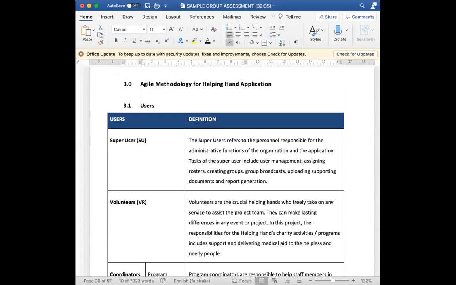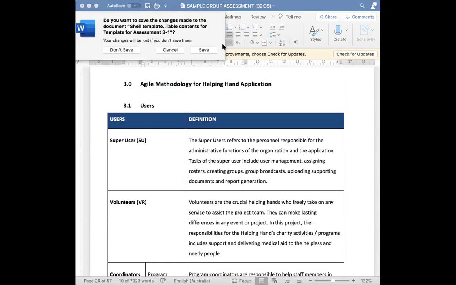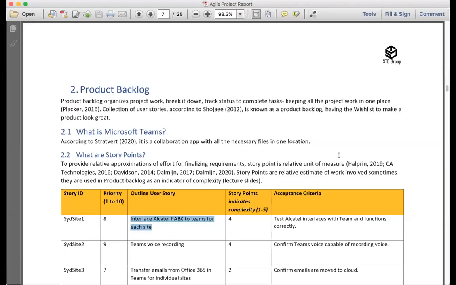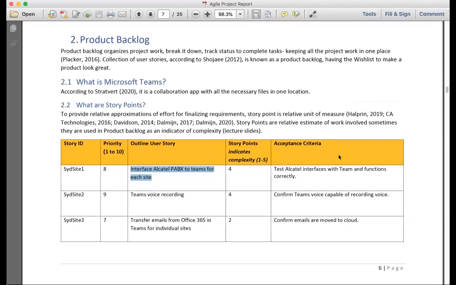Can you see what's missing? So look here and look at this example. What's missing? Did they define the users here, guys? No, that's missing.